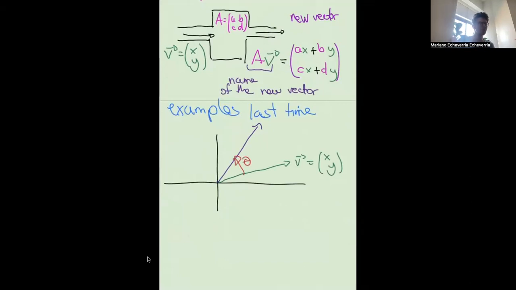What we found last time is that there was a matrix. Usually the matrices for us will always be uppercase letters. The letters you tend to use are A, B, C, but in cases where the matrix is special, you can use a different letter. In this case, I'll call it R for rotation.